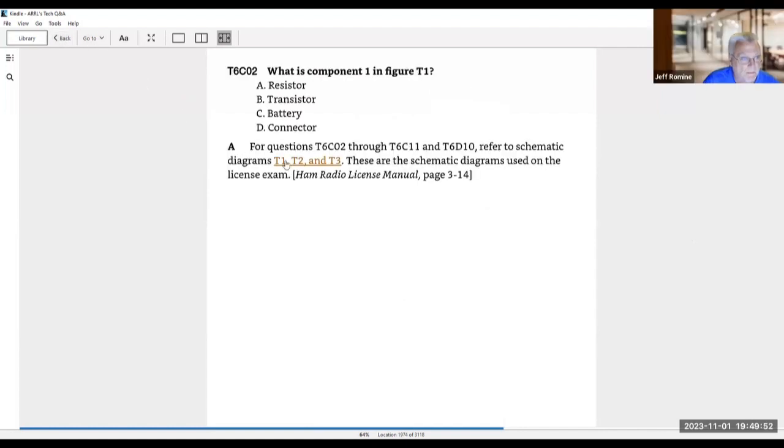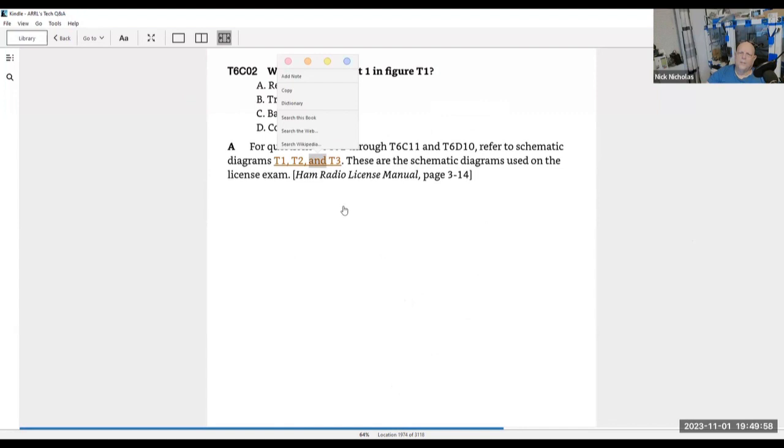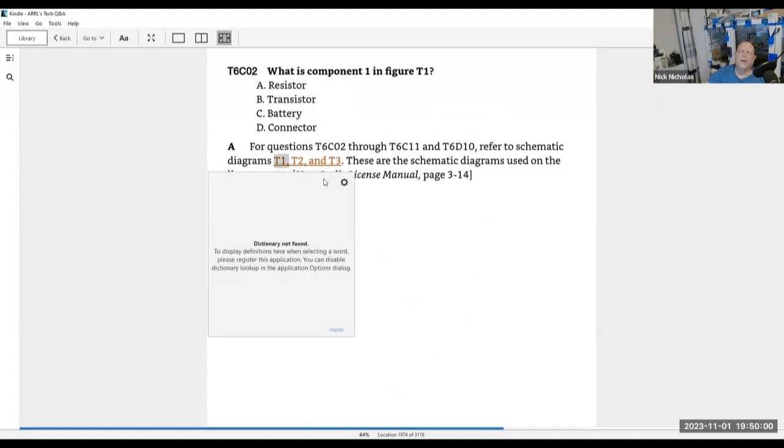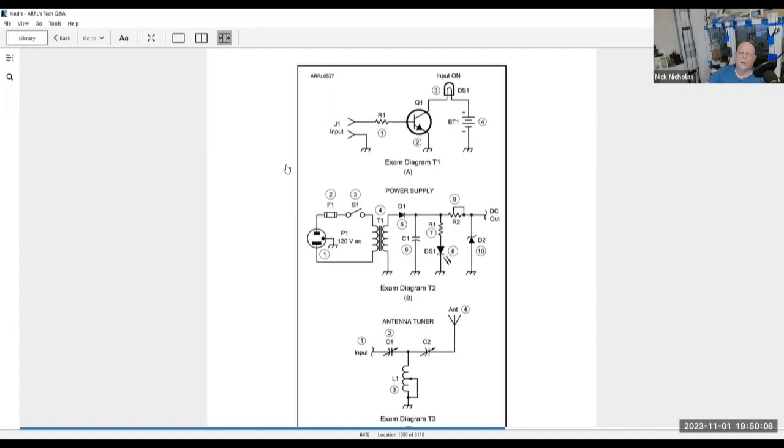Component 1. What is component 1? Boy, some days it just doesn't want to cooperate. There we go. Anybody want to guess what component 1 is? Component 1 is a resistor right here.